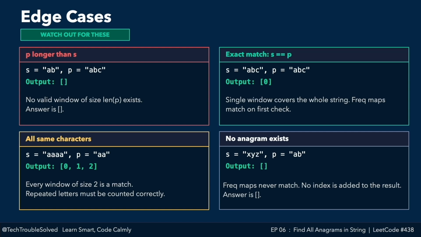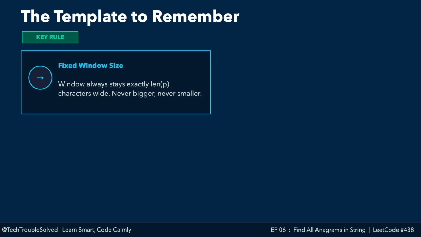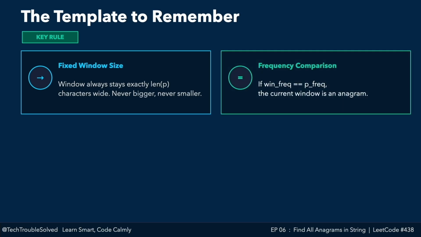Okay, this is the consolidation moment. I want you to walk away from this video with 4 things locked in your head. 1. The window size is always fixed. Length of P, always. Every slide is 1 in, 1 out. The window never shrinks, never grows. 2. The check is a frequency comparison.